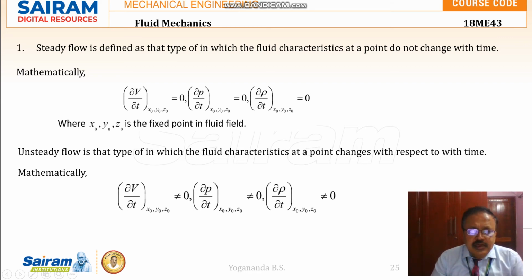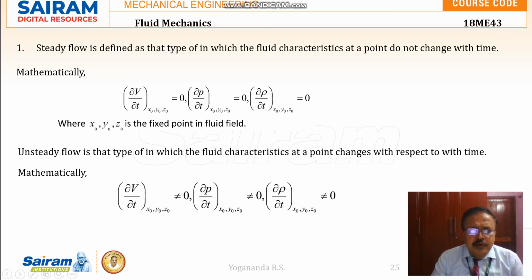Unsteady flow is that type of flow in which the fluid characteristics at a point change with respect to time. As the time changes, the fluid characteristics like velocity, pressure and density also change. So del V by del T is not equal to 0, del P by del T is not equal to 0, del rho by del T is not equal to 0.